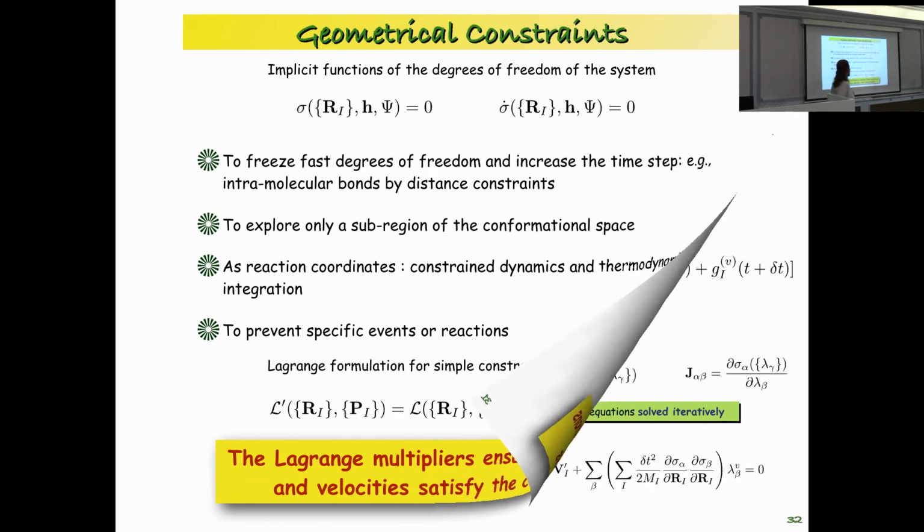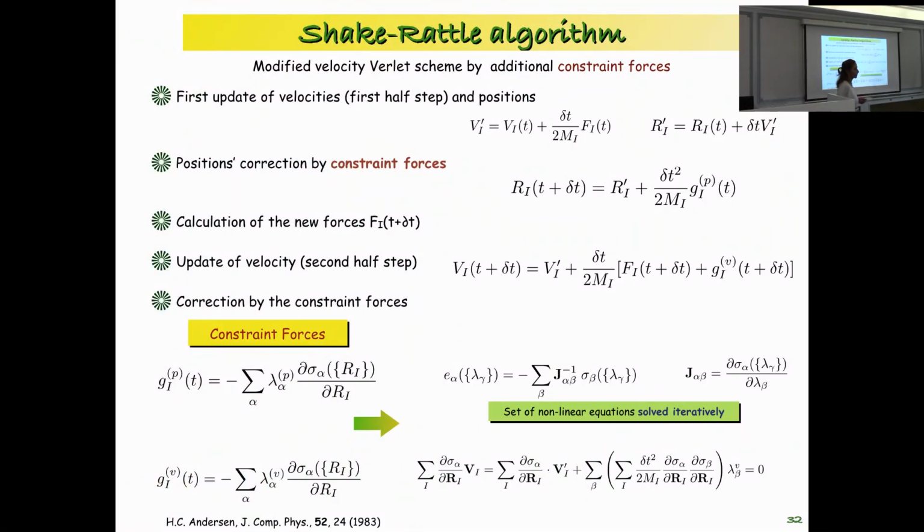There is a very standard technique, the SHAKE and RATTLE algorithm, where you modify the force on your atoms, introducing the force of the constraint that will impose that the constraint is maintained. For the restraint, it's even easier. It's just an additional potential. You don't even have to do this. You just add the potential to your standard potential.